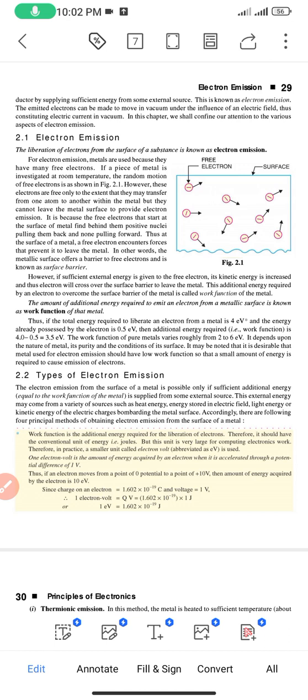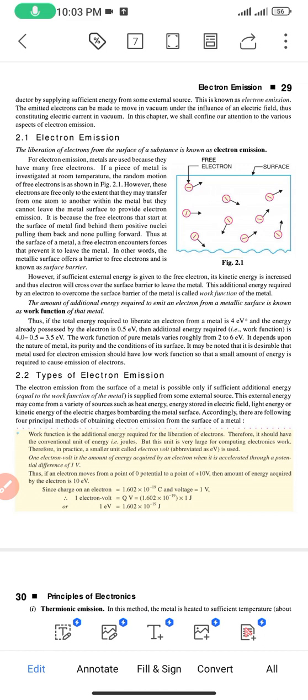It is because the free electrons that start at the surface of the metal find behind them positive nuclei pulling them back and nothing pulling forward.